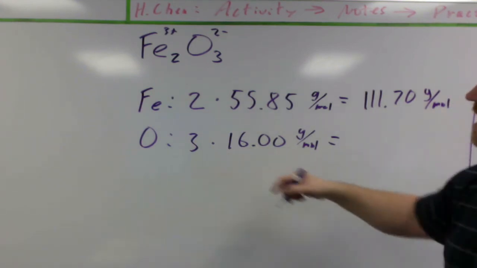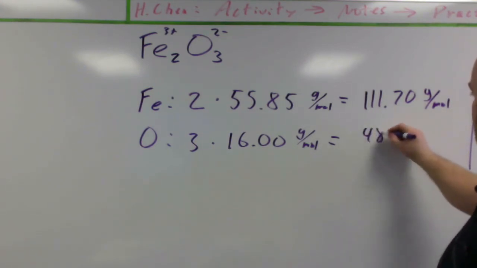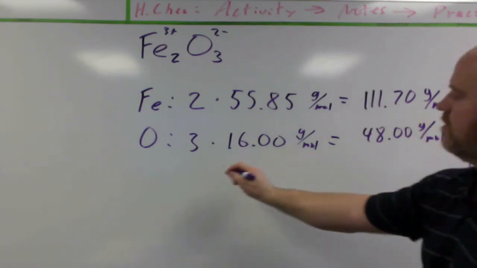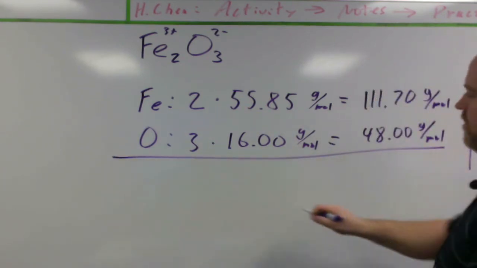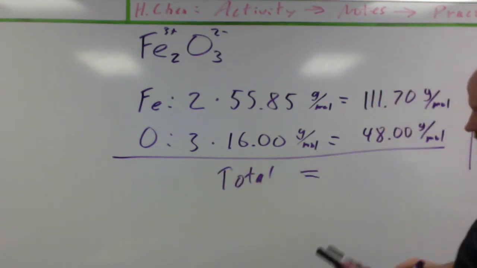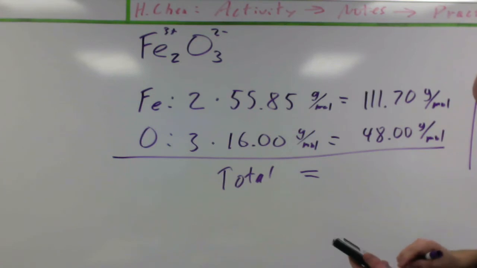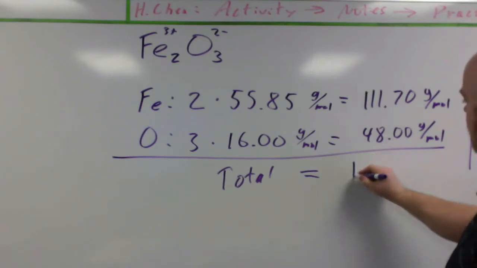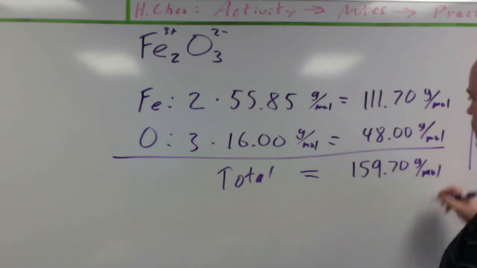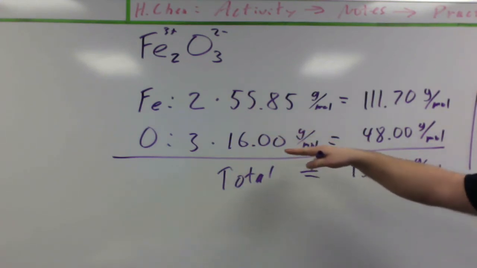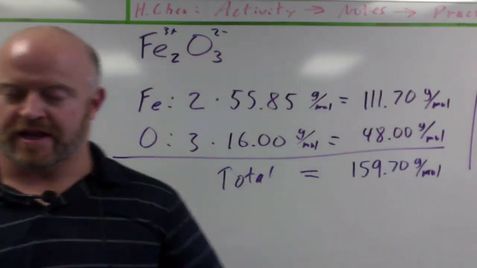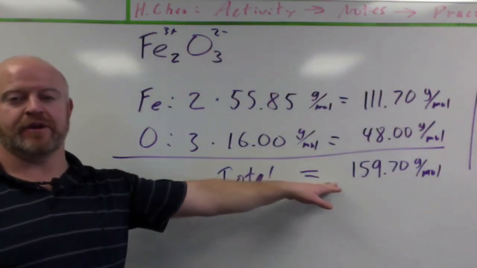And then 16 times 3, we get 48 grams per mole. Find the total, and 111.7 plus 48, I get 159.70 grams per mole. So what I've done is I've actually just done a molar mass calculation, and I found the molar mass of iron 3 oxide.